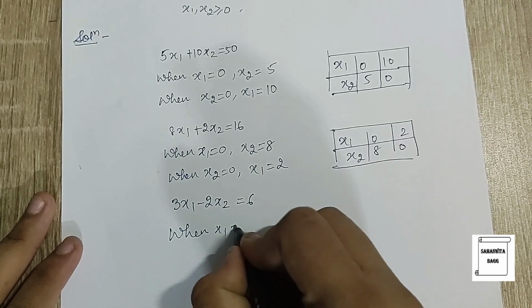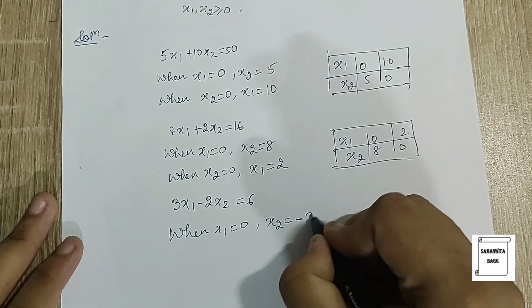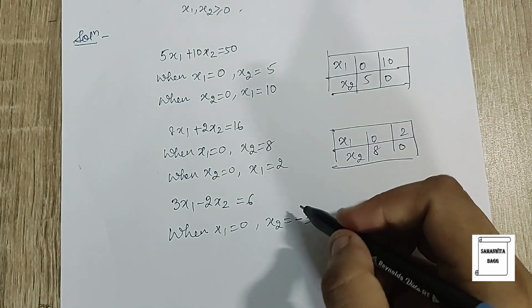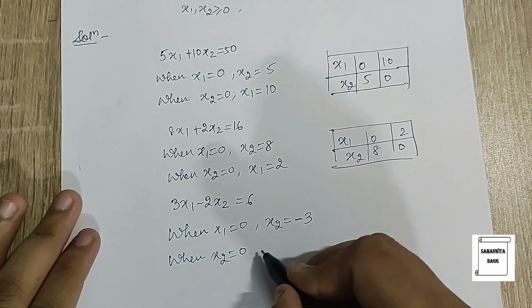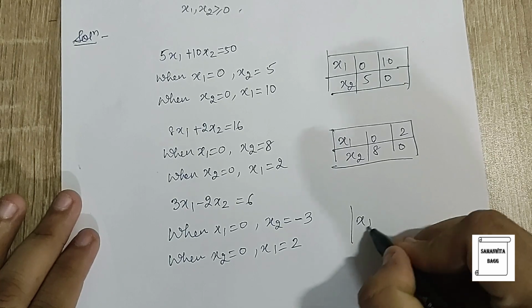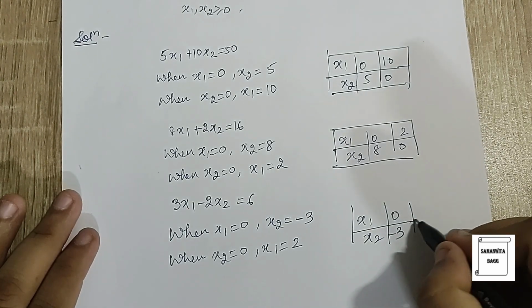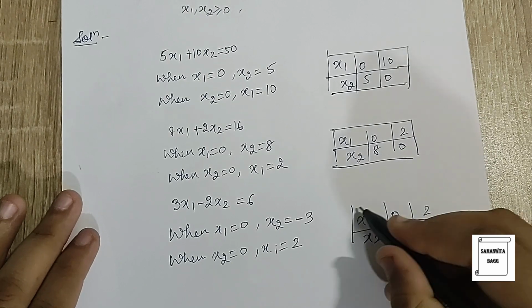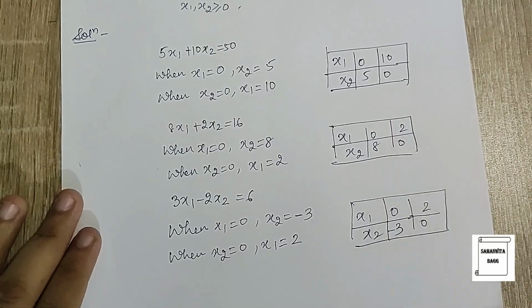When x1 is equal to 0, I'll get x2 is equal to minus 3. Be careful. And when x2 is 0, I'll get x1 is equal to 2. So these are the 6 points that I need to plot on the graph paper.